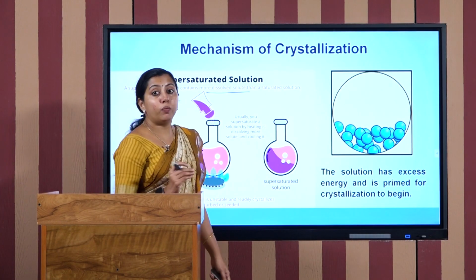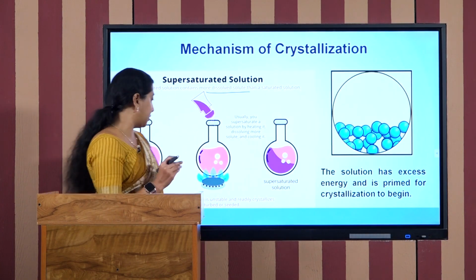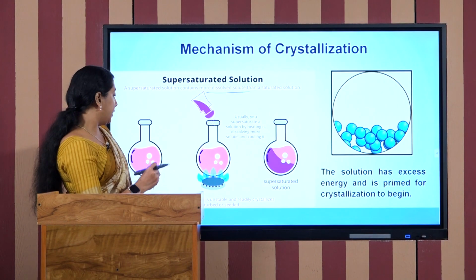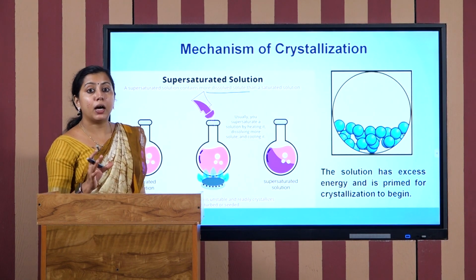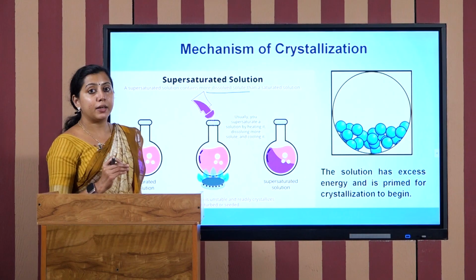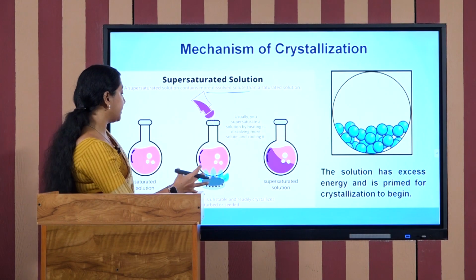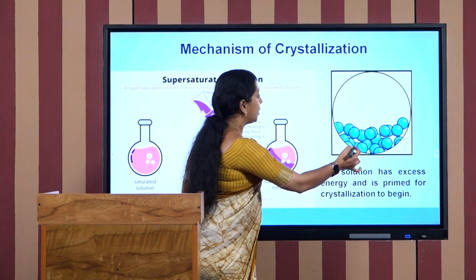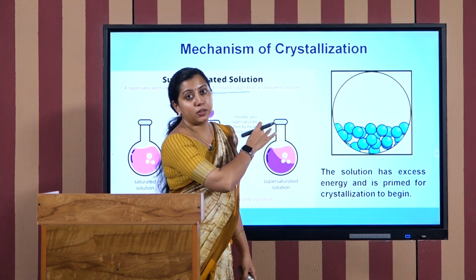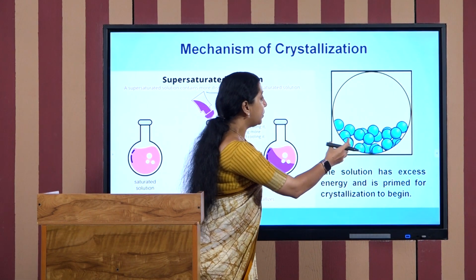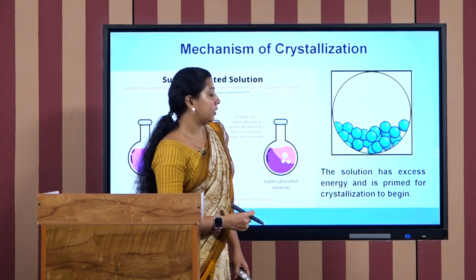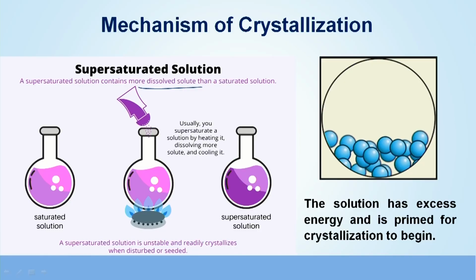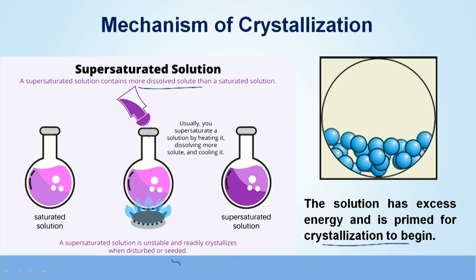Now, what happens when a solution becomes supersaturated? The solution will be unstable and get ready for crystallizing out. As you can see here, the constituent particles will be randomly oriented by receiving excess energy, and these particles will be primed for crystallization to begin.